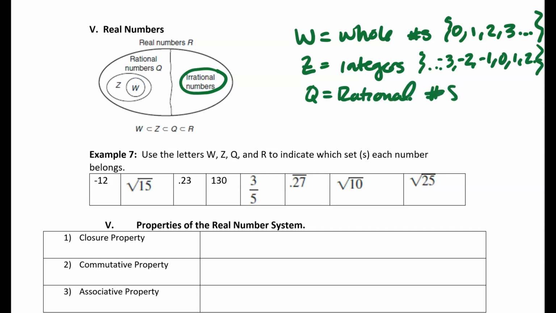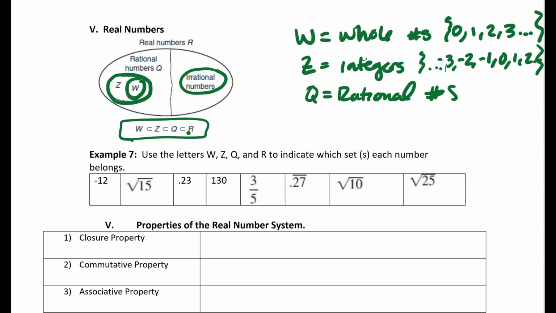So what this says is that all whole numbers are integers, which if you look at the set, that's true. So all of these whole numbers are a part of this set of integers. And then all integers are part of the set of rational numbers. So Z is inside of Q and so is W. And that's what this sentence down here relates. So whole numbers are part of integers, are part of rational numbers, are all considered a real number.